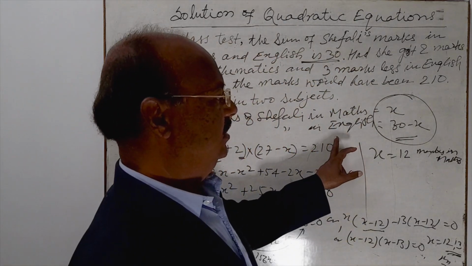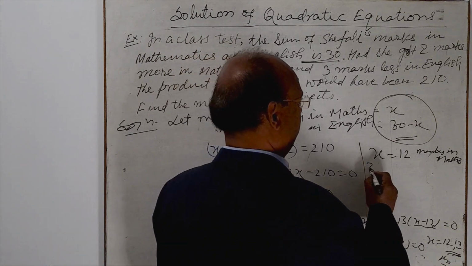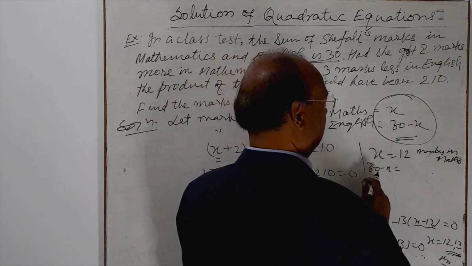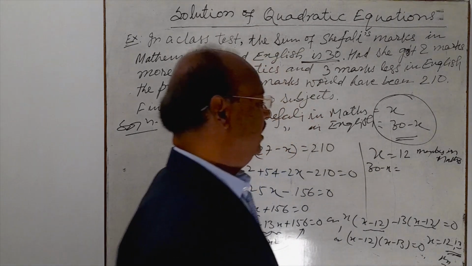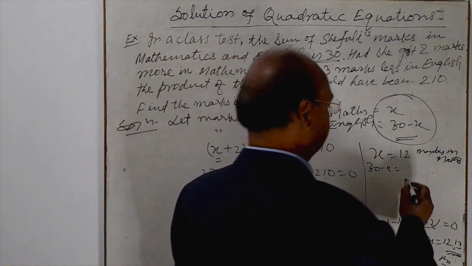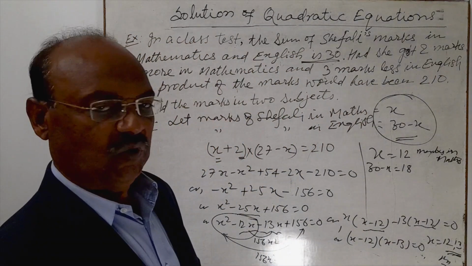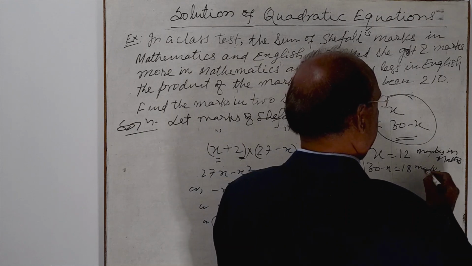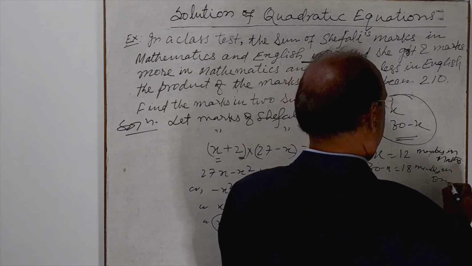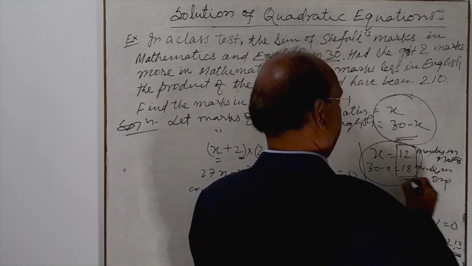That will be 30 minus x. So 30 minus x means 30 minus 12, which is 18. Correct? So this is the marks in English. So this is one set of answers, 12 and 18.